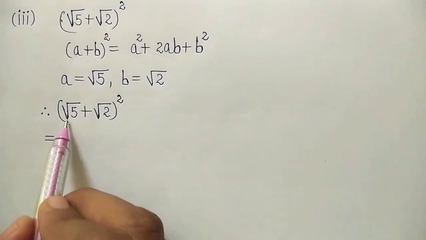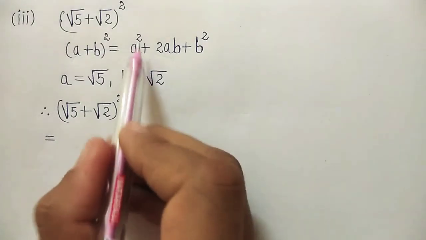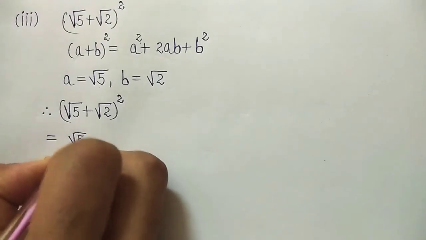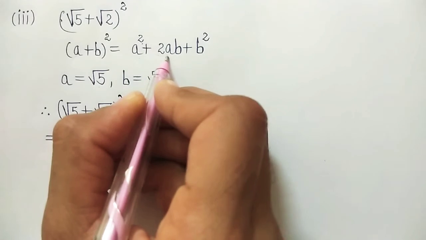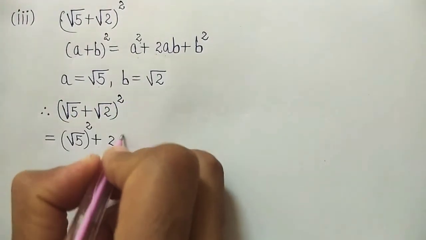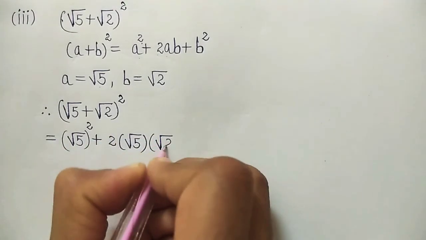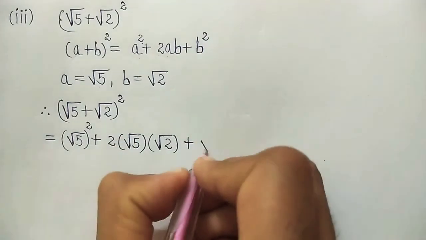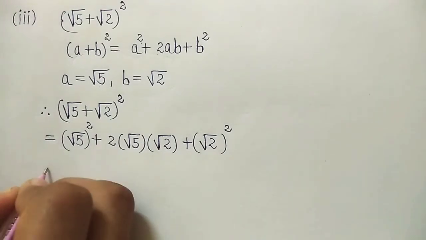Therefore, square root 5 plus square root 2 whole square can be written as a square, that is square root 5 square, plus 2 into a into b, so 2 into square root 5 into square root 2, plus b square, that is square root 2 square. Right?